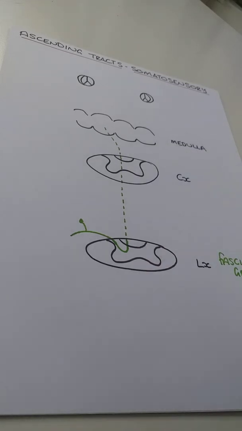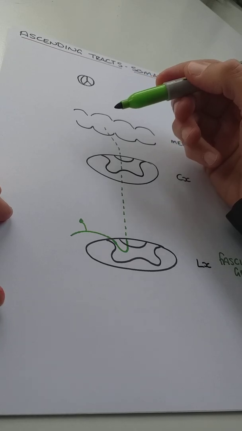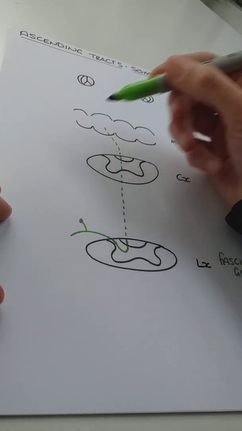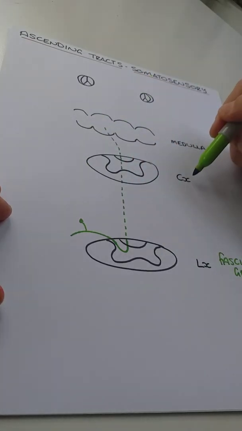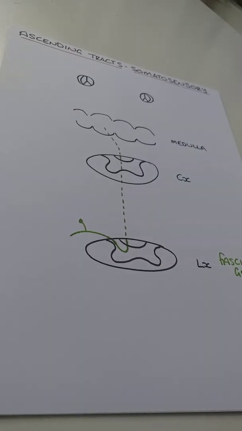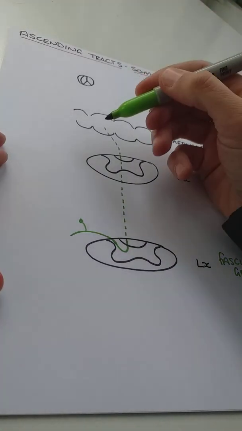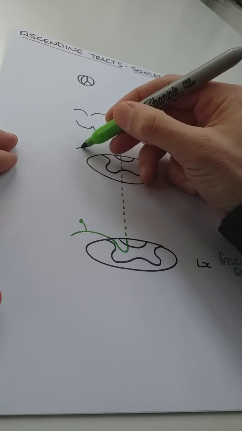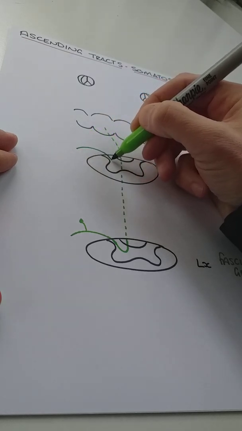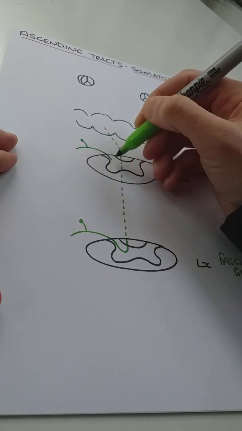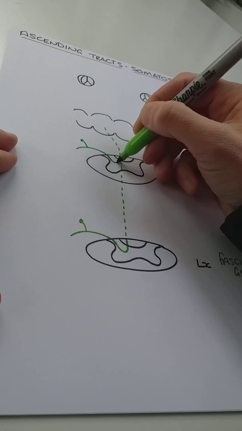And let's say now we've got another one coming in. So this is for information coming into the cervical. Again, dorsal root ganglion comes in, goes up.